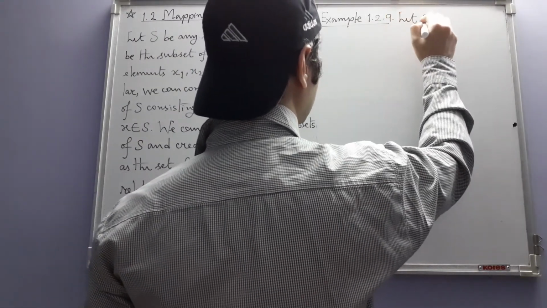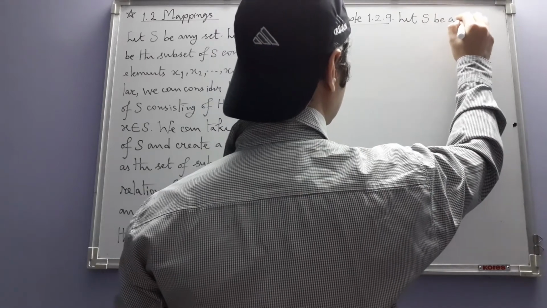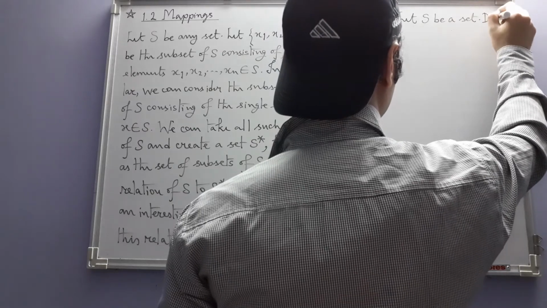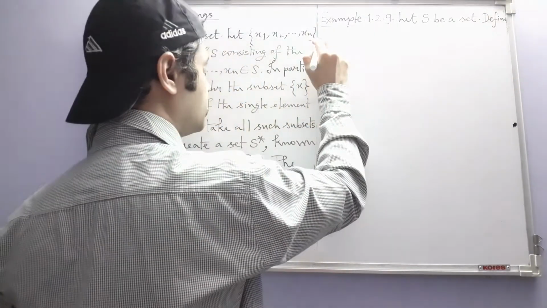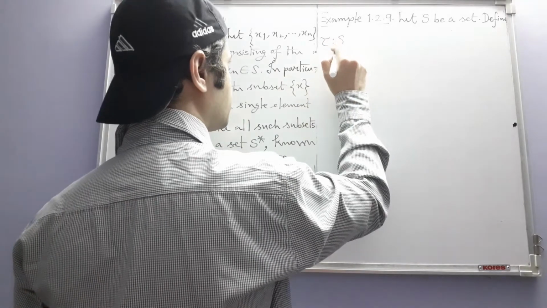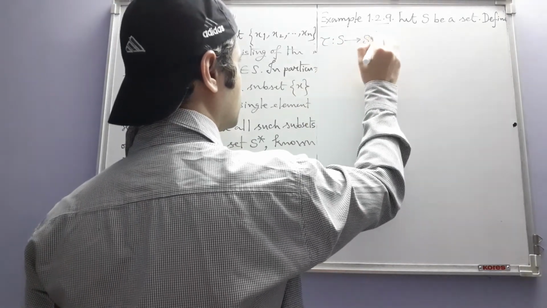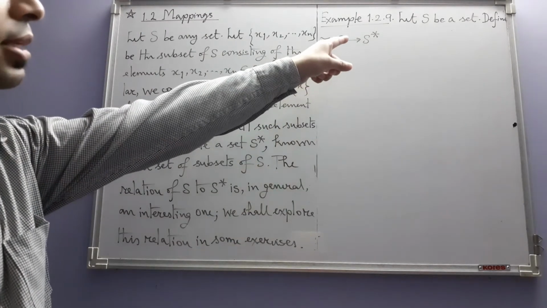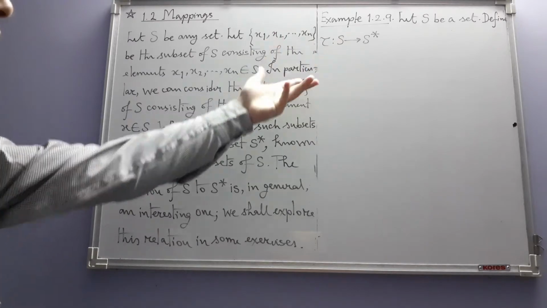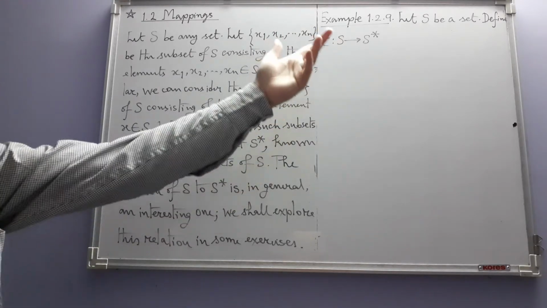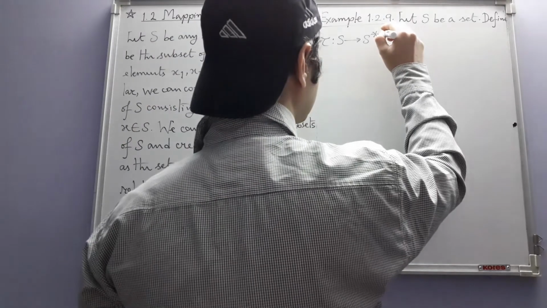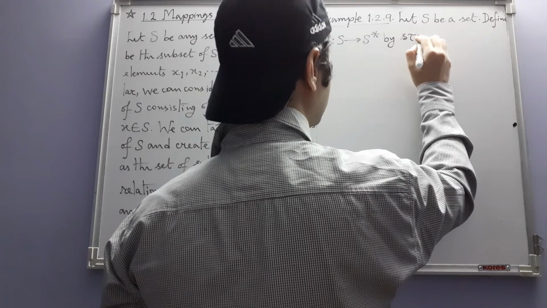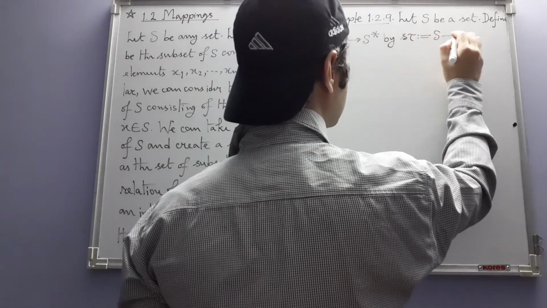Let S be a set. Define a function from S to S star. So here the first set is S, the second set is the power set of S, or in other words the set of subsets of S. By mapping an element onto this set.